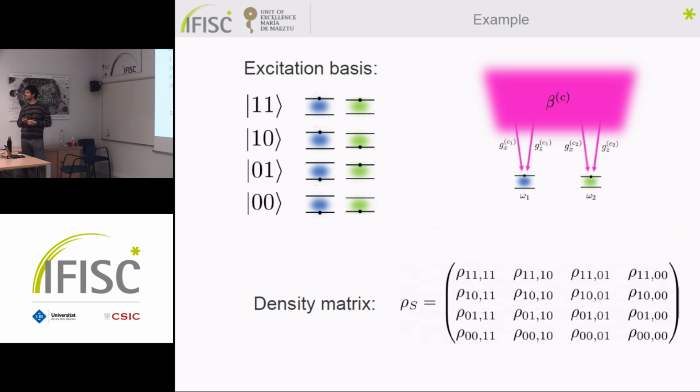Yes? One question, might be a bit pedantic. You have two fermions. How do you distinguish between the fermions? How do you know which one is number 1 and which one is number 2? No, it's a very good question, and actually I think it's something that I maybe should clarify better in the paper as well. I call them fermions in the sense that they satisfy the fermionic rules, in the sense that the operators before were fermionic operators.